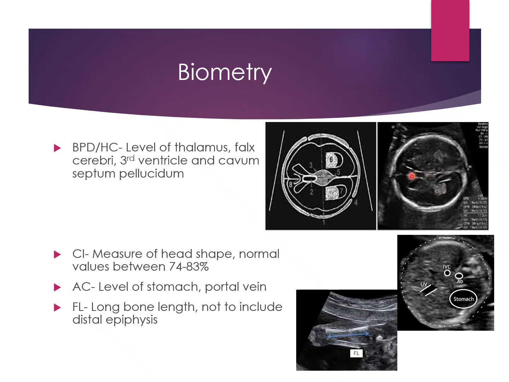Our big things are the CSP, the 3rd ventricle, the thalami, and then this complete falx cerebri going all the way down. And the falx cerebri is this bright echogenic line just above my cursor that goes from the front of the head to the back of the head, separating the hemispheres of the brain.